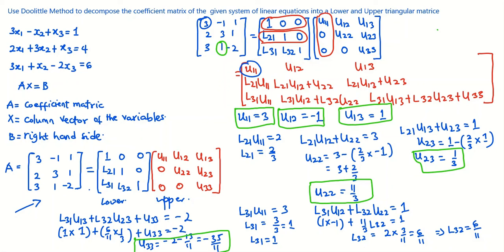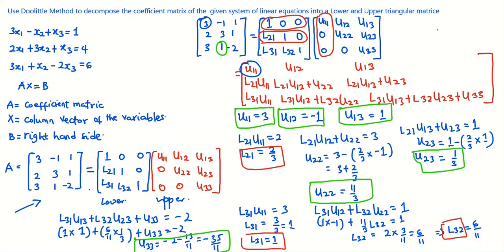Then let's look for the lower triangular matrix elements. So we have L21 here, and we have L31 here also, and then we have L32 here also.